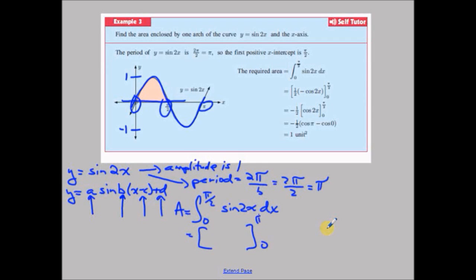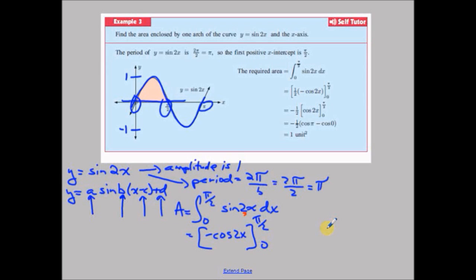Taking the integral, put our boundaries over here. The integral of sine 2x. This is one of those ax plus b examples from section 18F in your textbook. So sine becomes negative cos 2x, but then we have to multiply by 1 over a, and in this case our a value is 2.